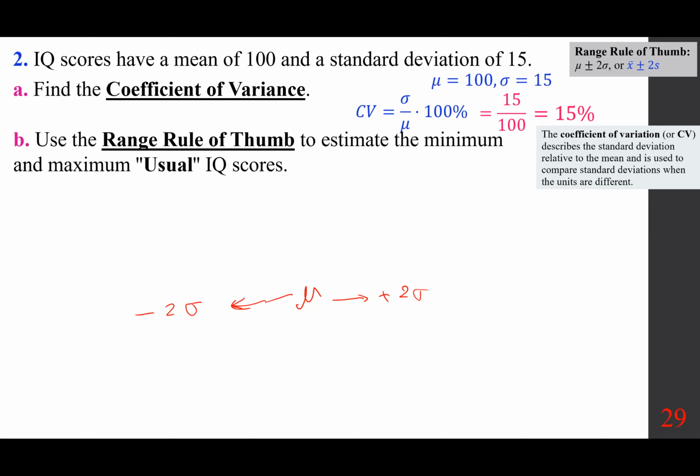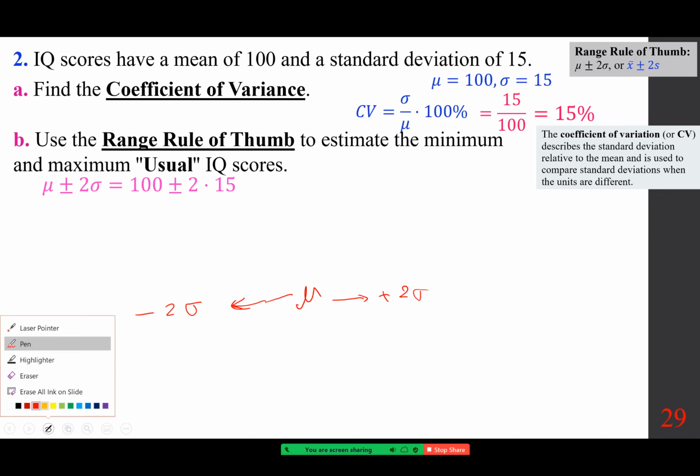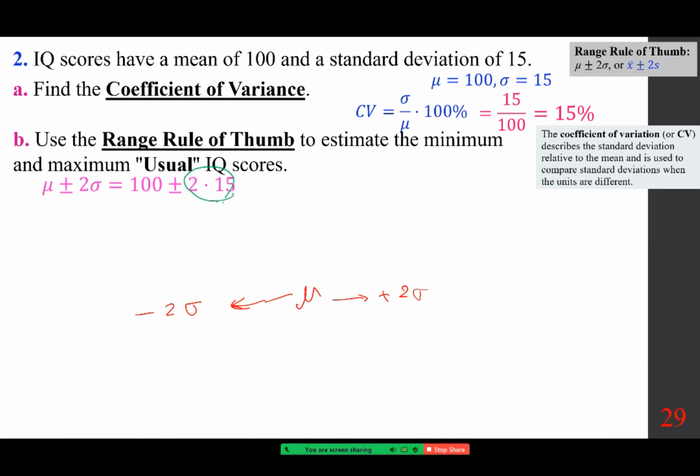So with that being the case, mu plus minus 2 sigma, in this case, mu is 100, plus minus 2 times 15. This is 30, so 100 minus 30 is 70, 100 plus 30 is 130. So that's known as the range rule of thumb.